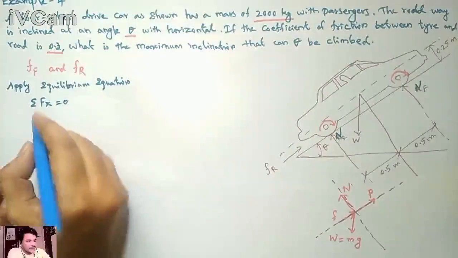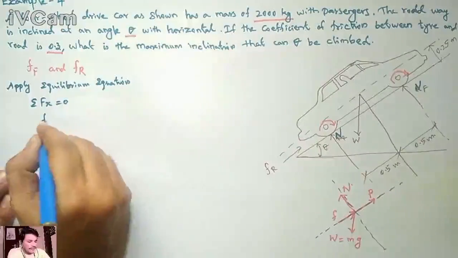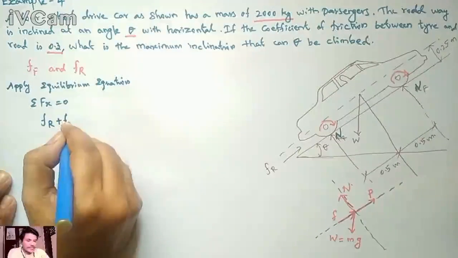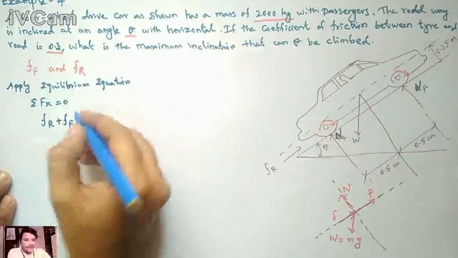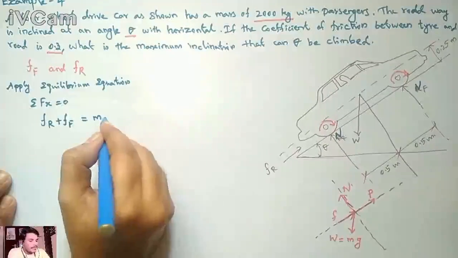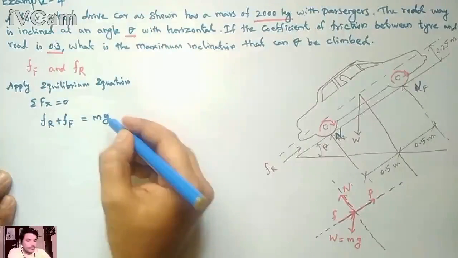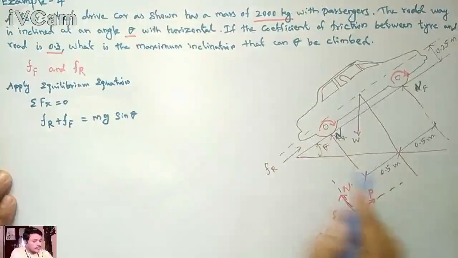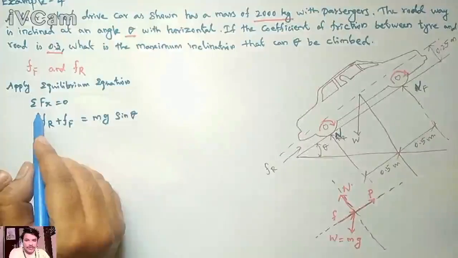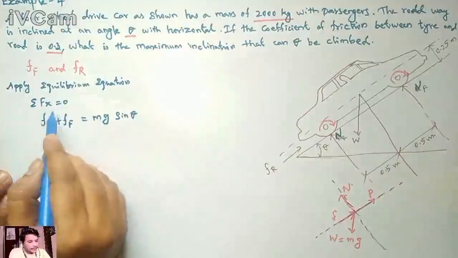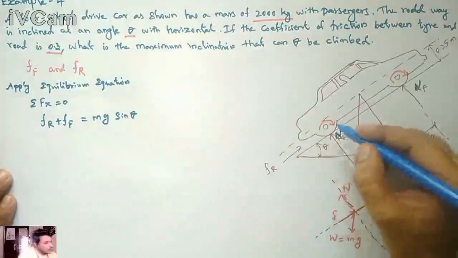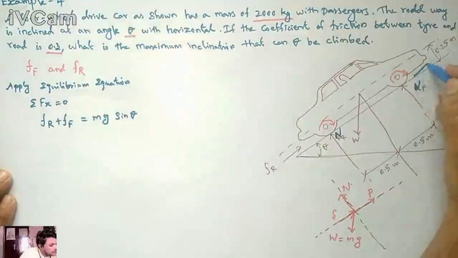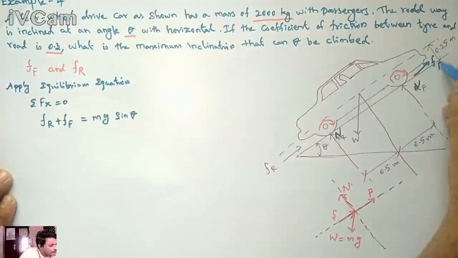Sum of forces: F, frictional resistance at rear wheel plus frictional resistance at front wheel, is equal to mass into acceleration due to gravity into sin theta. So you are resolving all the forces in this direction. This is Fr, rear force, and this is Ff, front force.